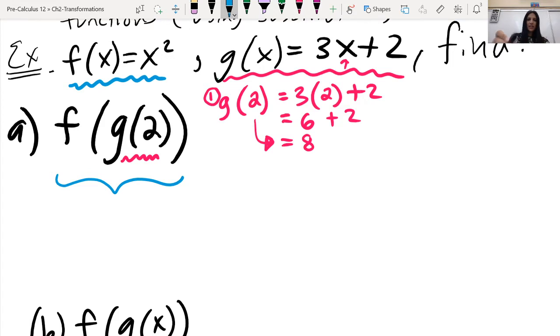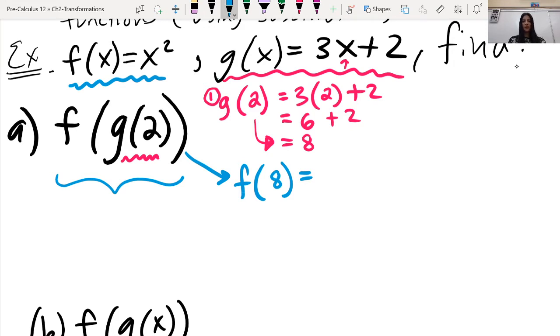And now putting this into our bigger function, I'm going to draw it this way: I could say that this is like f of 8, because we already determined in pink here that g of 2 is equal to 8. So we're using the idea of substitution in order to make sense of this.